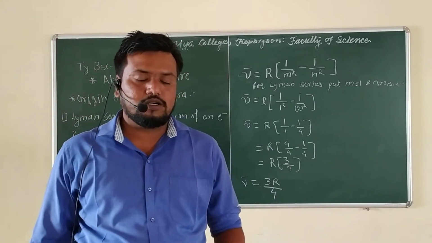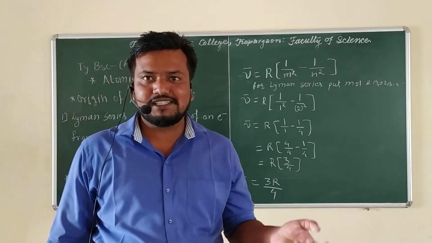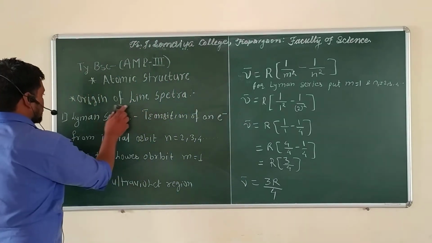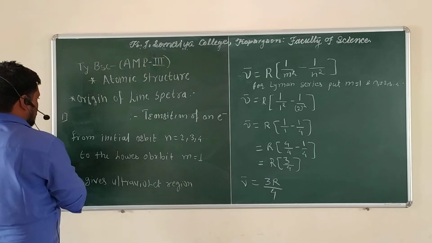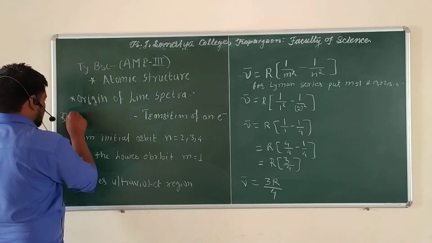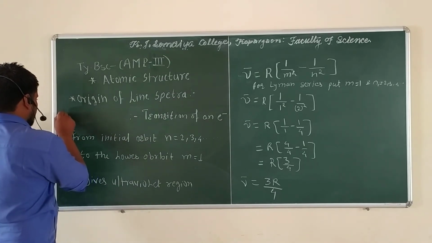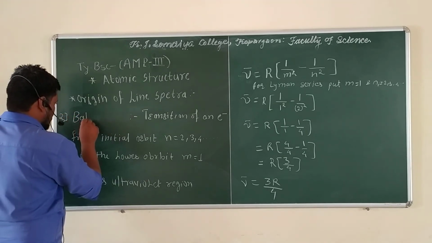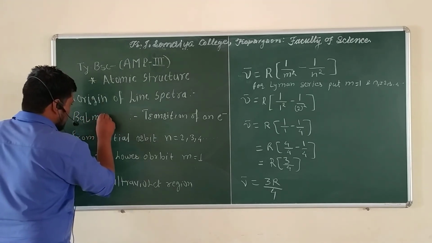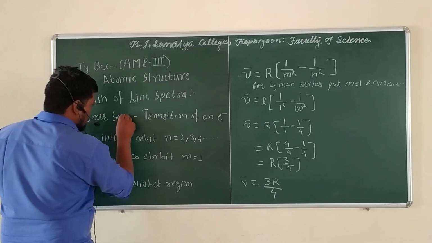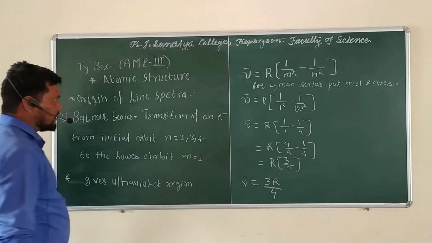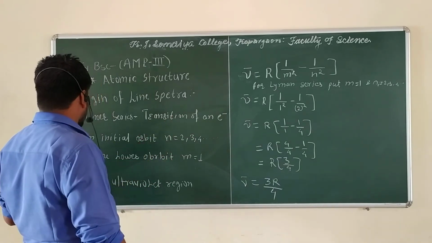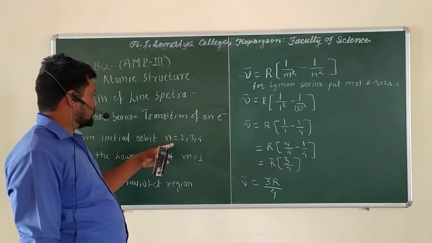Now, the hydrogen spectrum. The second series is the Balmer series. What changed from the previous definition? The transition of an electron from the initial orbit to the lower orbit.